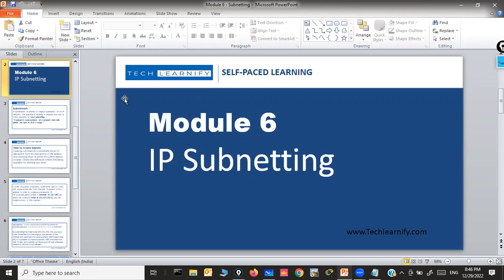Subnetting is used to minimize wastage of IPs. In other words, subnetting is a technique, a mathematical computation used to logically divide a large network, a big network, into multiple small networks, right?